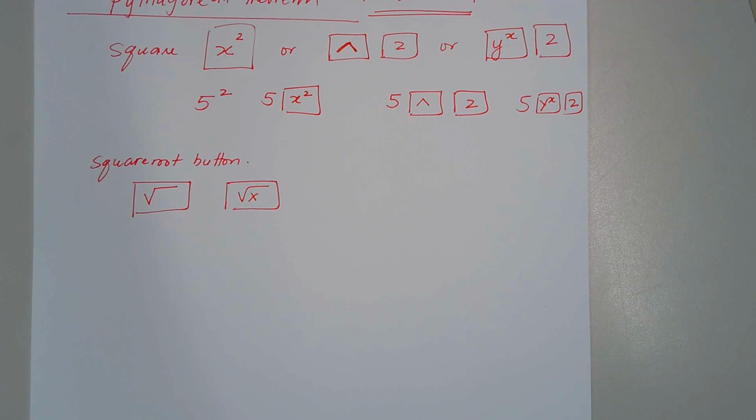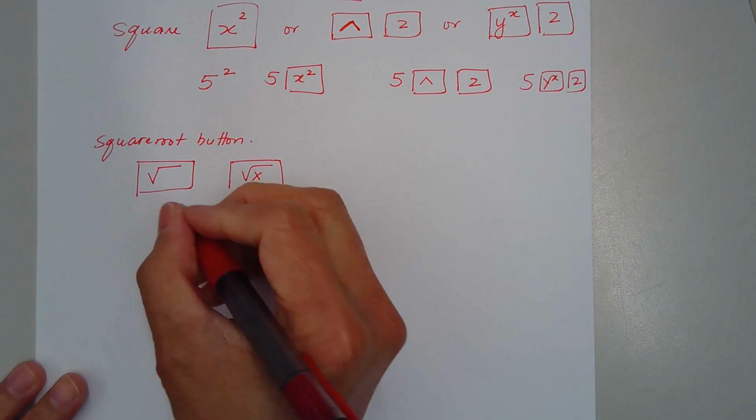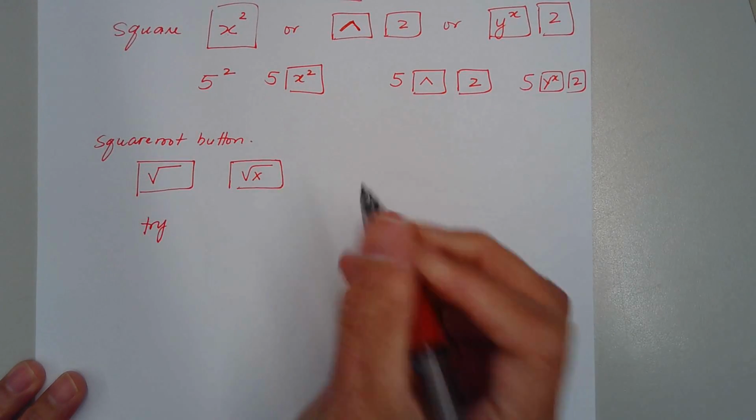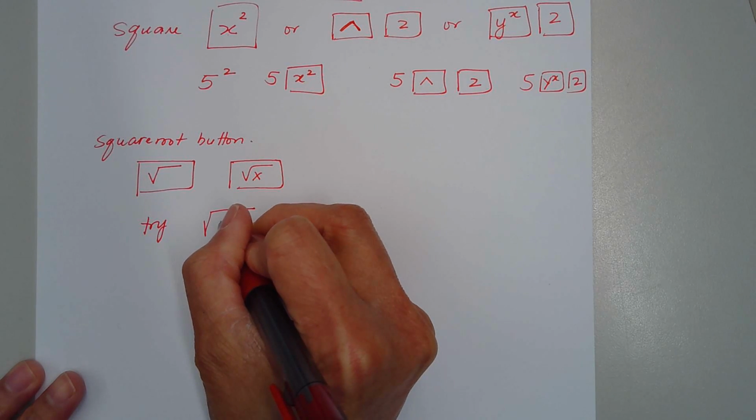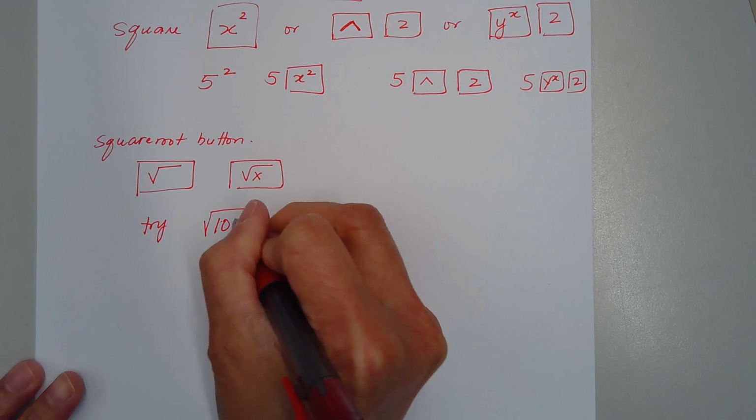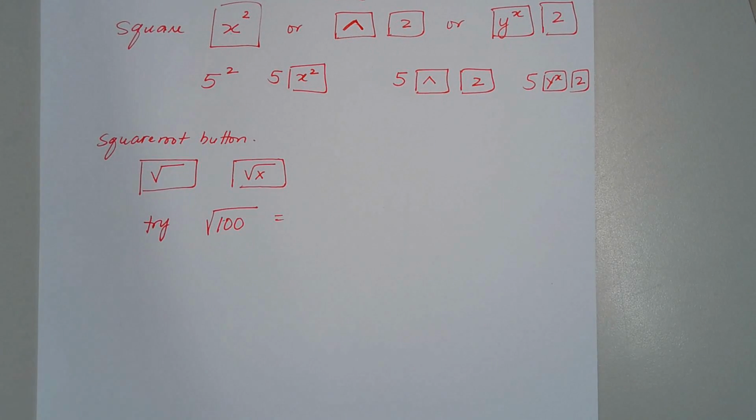So everybody pretty much found the square root button. Now we're just going to give it a try. Try the square root of 100. Did you get a number?